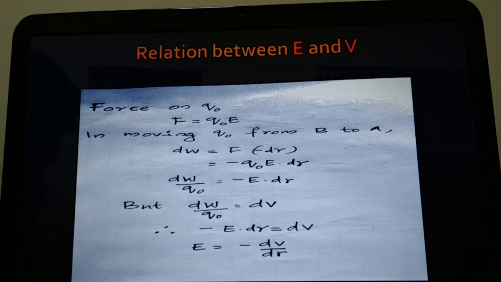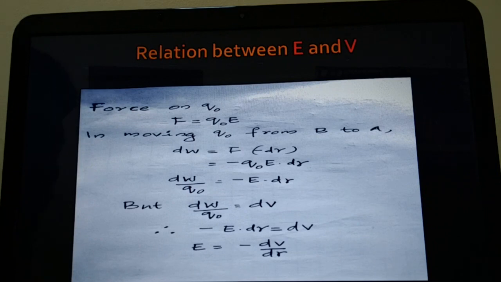And last year also we have used this derivative with respect to length or derivative with respect to distance. Derivative with respect to length or distance is known as the gradient. We have defined that gradient.